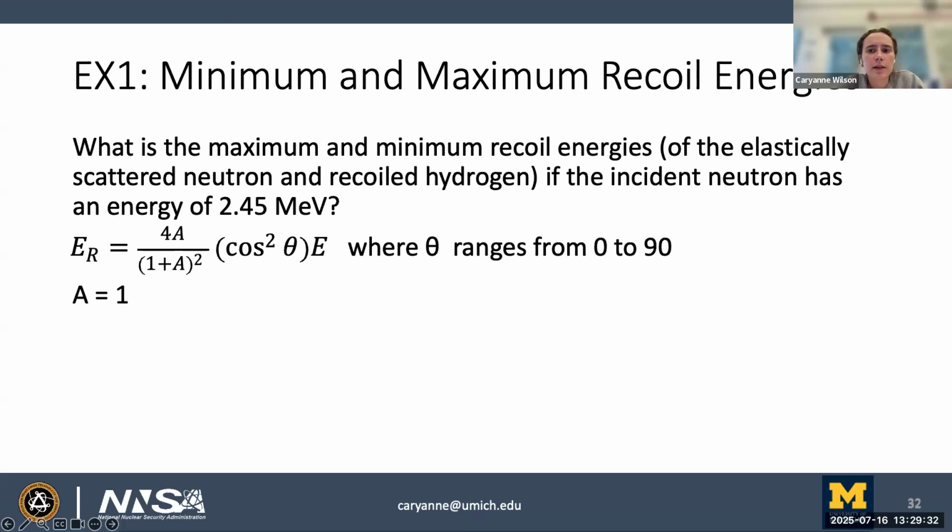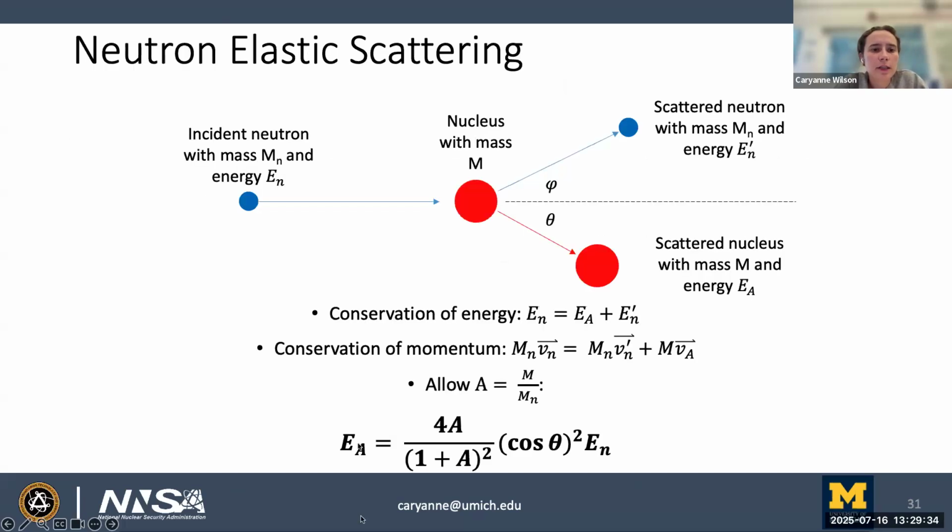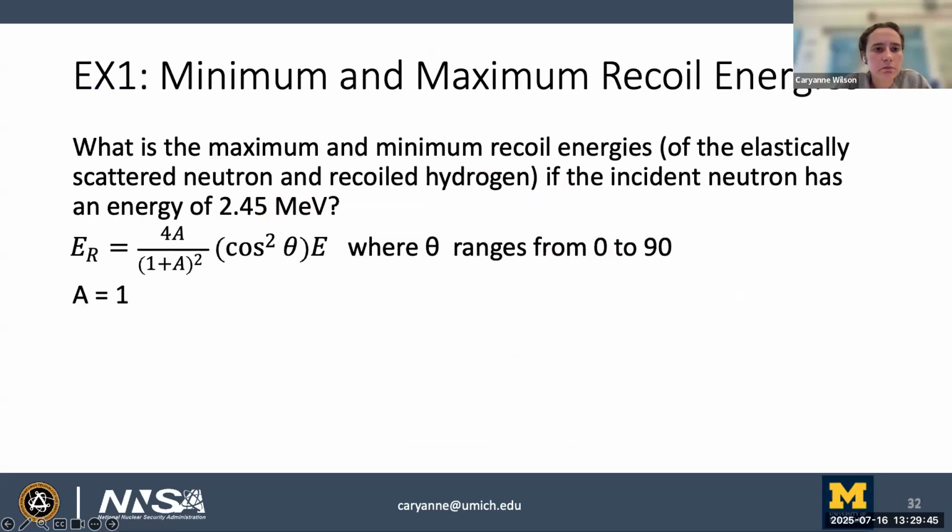In this scenario, A, the ratio of the nucleus mass to the neutron mass, is 1 because it's a hydrogen nucleus interacting with a neutron.